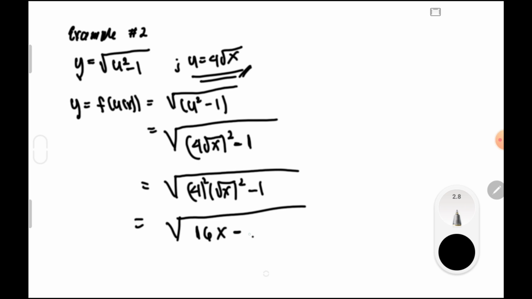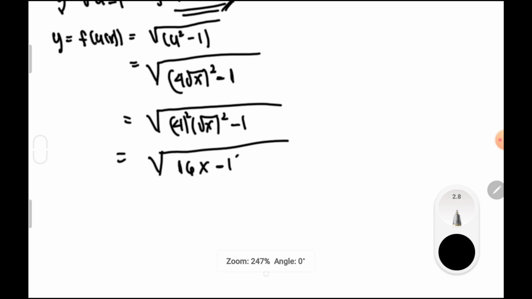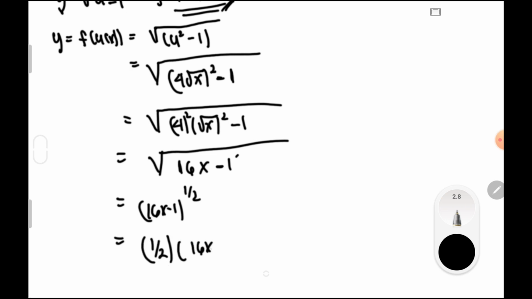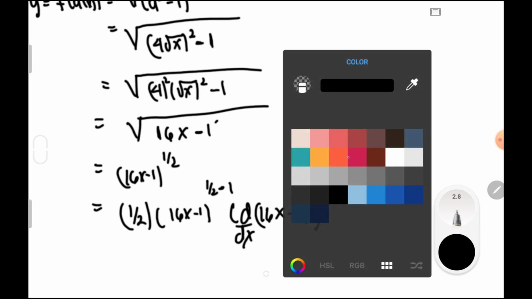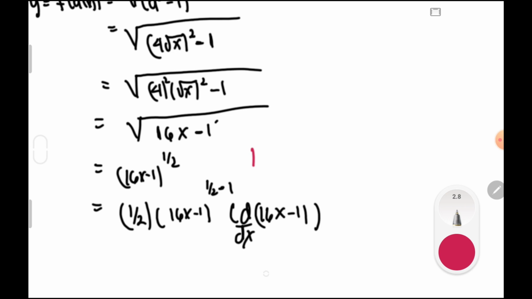16x minus 1. So getting the derivative of this, we'll have 16x minus 1 raised to 1 half, which will have 1 half multiplied by 16x minus 1 raised to 1 half minus 1, multiplied by the derivative of our 16x minus 1 with respect to dx. Note that this comes from our power rule, which is n u raised to n minus 1 du over dx.